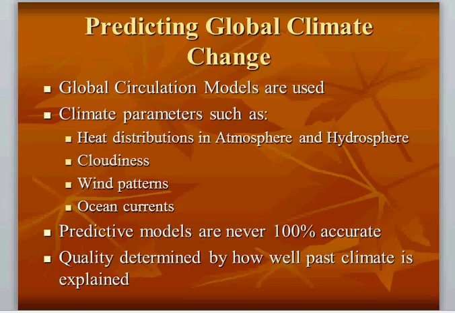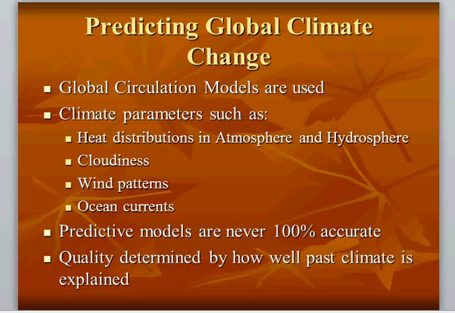So to test the models, the scientists would use data from the last 20 years or so, and they would start their model 20 years ago, let it run, and see how closely those models predicted the weather patterns for the past 20 years or so.